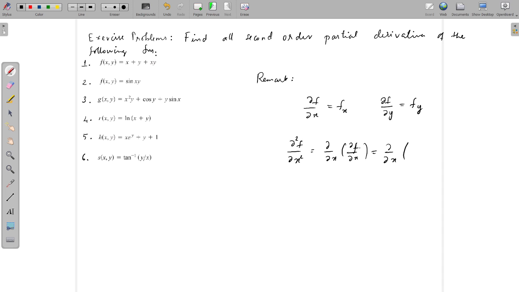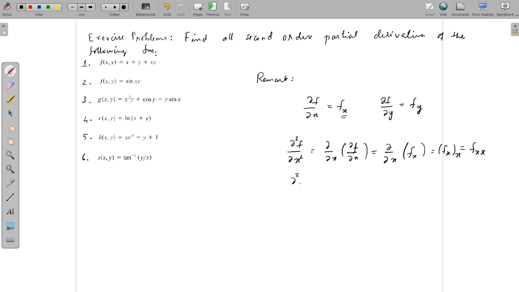The partial derivative of f with respect to x is denoted by fx, so I write it as fx here. And the partial derivative of this function with respect to x again is denoted as fxx, the derivative of fx with respect to x. So this stands for d squared f by dx squared.